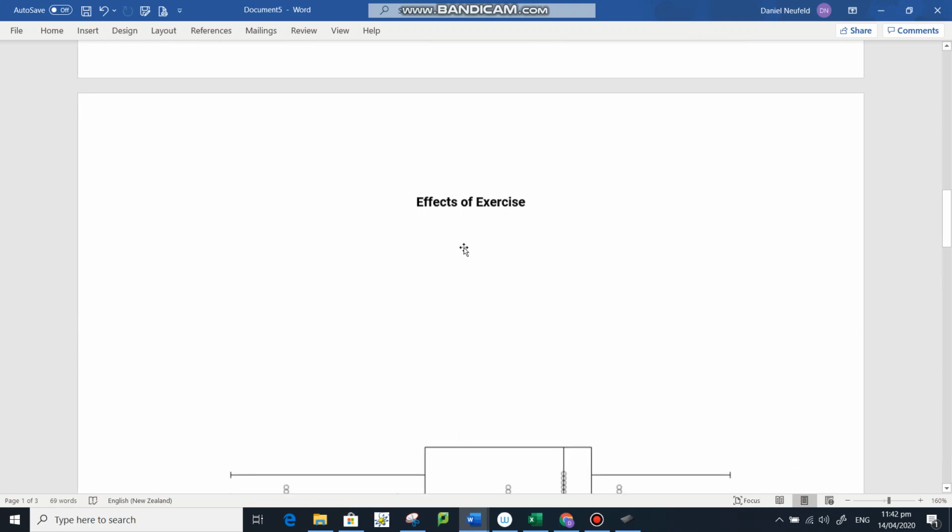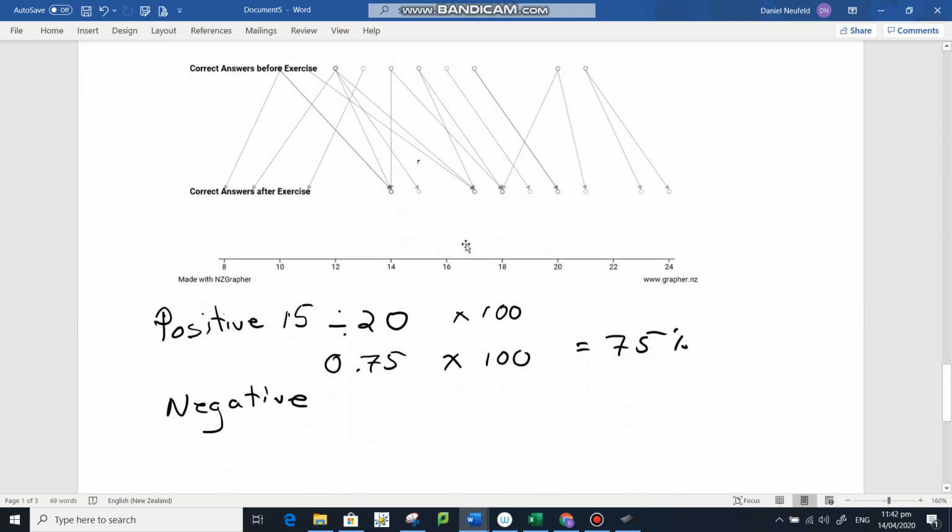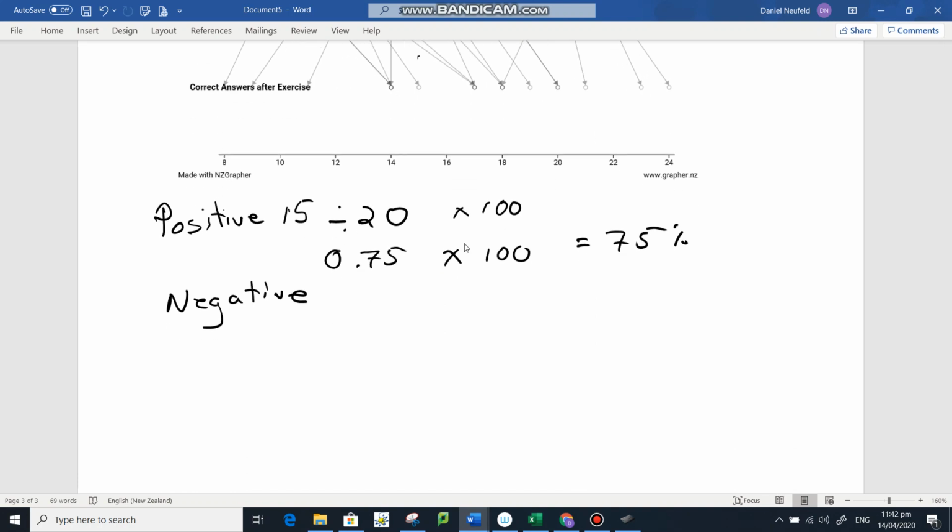So people who actually scored worse afterwards. Maybe they were really tired. Now again, whatever that number is has to be divided by 20 because that's how many people I had. So 4 negative changes divided by 20, and then times it by 100 to make it a percent. 4 divided by 20 is 0.2. Times 100 equals 20%.